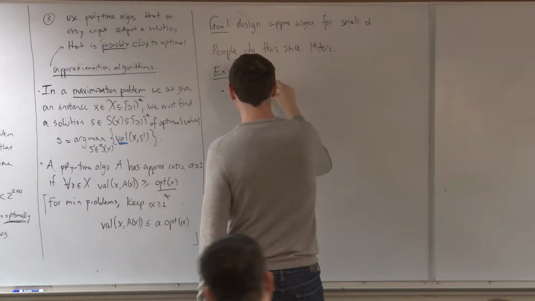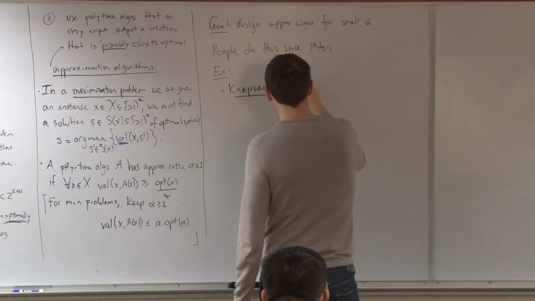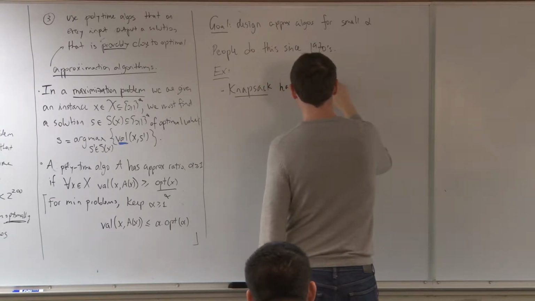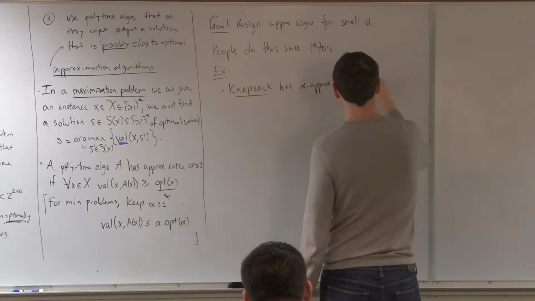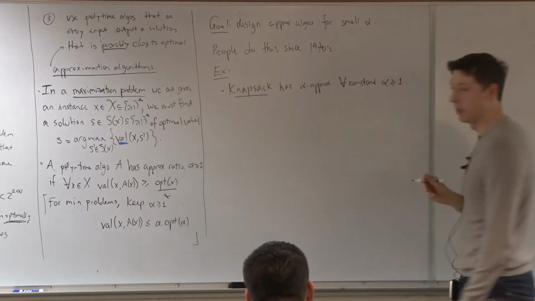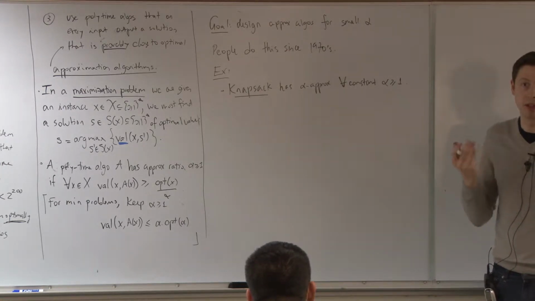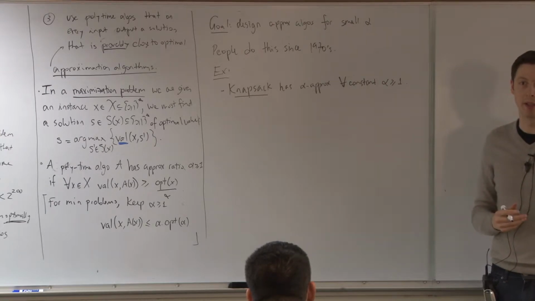which is an NP complete problem, actually has an alpha approximation algorithm for every constant alpha greater than or equal to 1. Is this good or bad? That's great. It says you can get arbitrarily close to approximating the optimum.